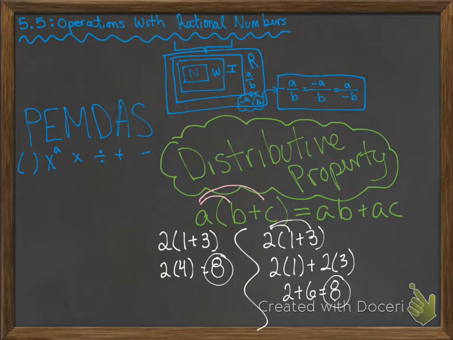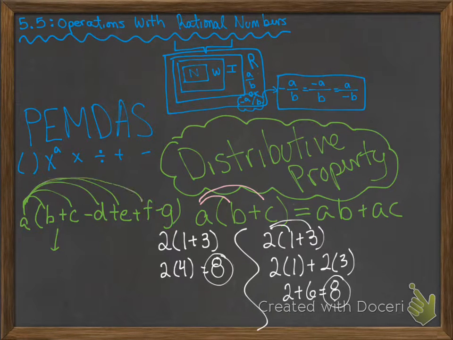And this works for however many categories of numbers you have inside the parentheses. If you have a times b plus c minus d plus e plus f minus g, that's the exact same thing if you distribute them all across as a times b plus a times c minus a times d plus a times e plus a times f minus a times g.